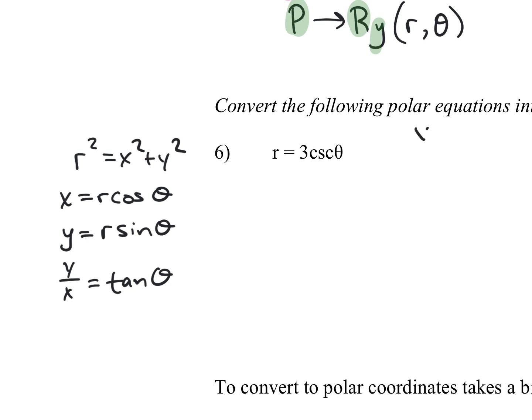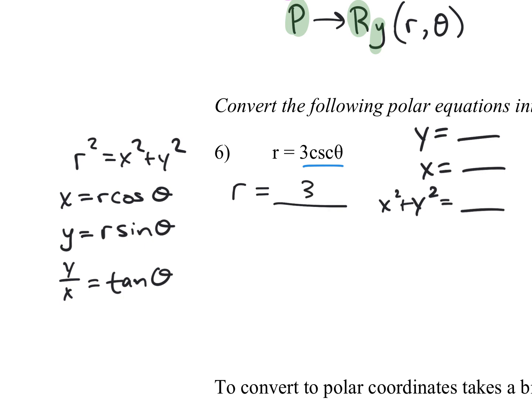So I'm really looking for y equals something, x equals, or if we have a circle, it may be x squared plus y squared. But our goal is to get rid of our r and theta values and create x and y. So what you may notice on this particular equation, we don't really have cosecant in our bag of tricks. So we can say r equals 3 divided by sine theta.